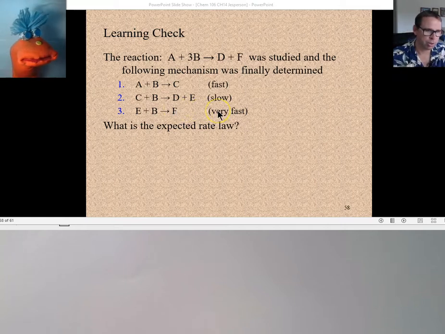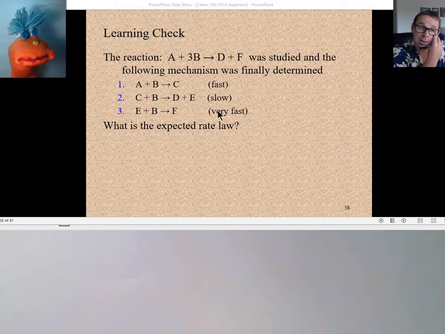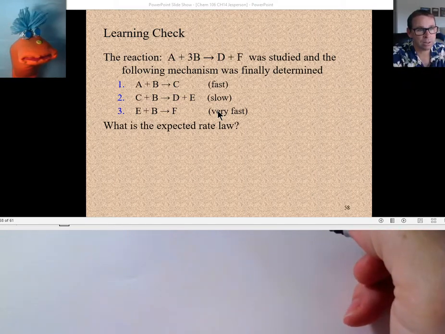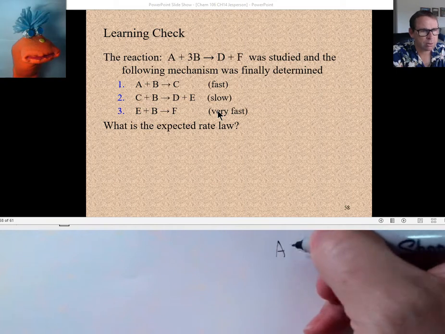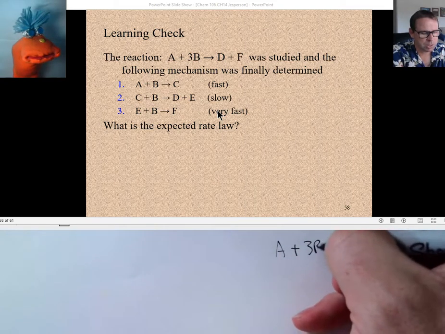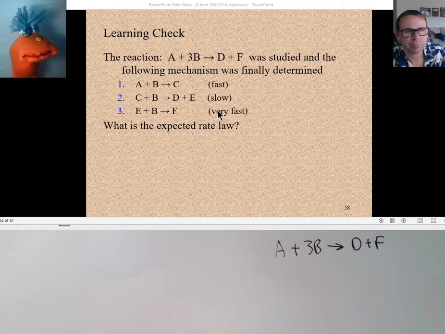If I look at the overall reaction here, there's A, 3 B's, a C, and an E on the left, but the C and the E are consumed, and the D and the F are what is left. So we have A plus 3 B's forming D and F. You see that?